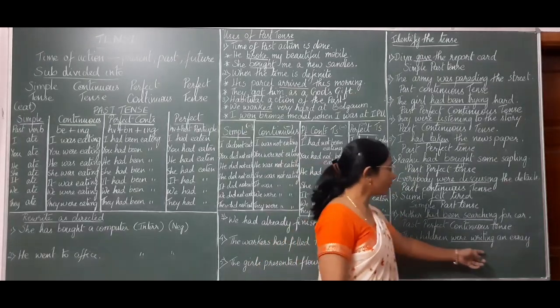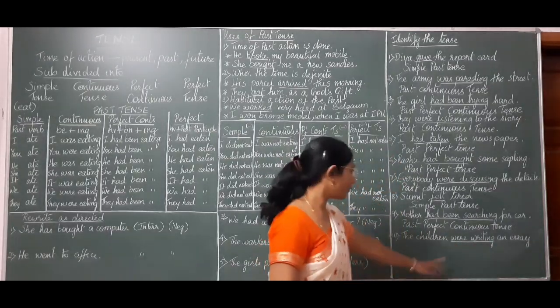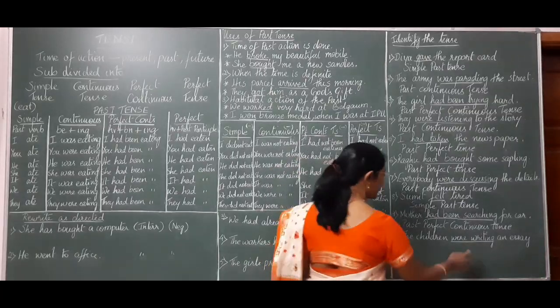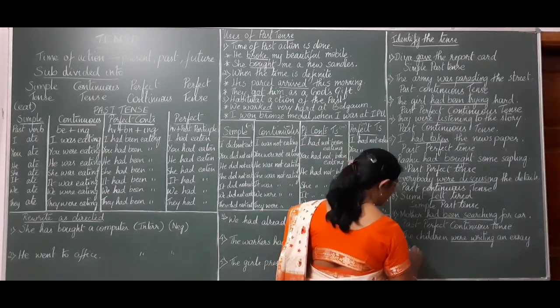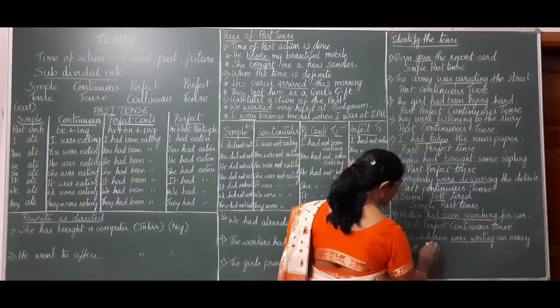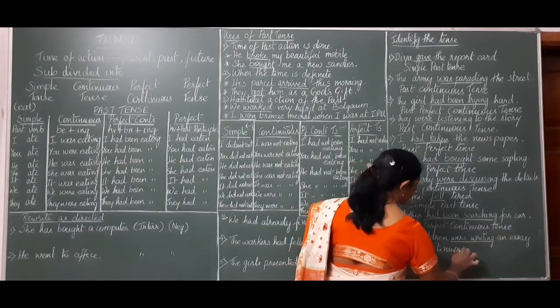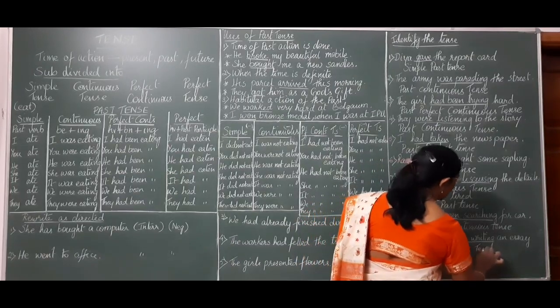The children were writing an essay. Were writing be verb plus ing form, and be is in past tense, so it is past continuous tense.